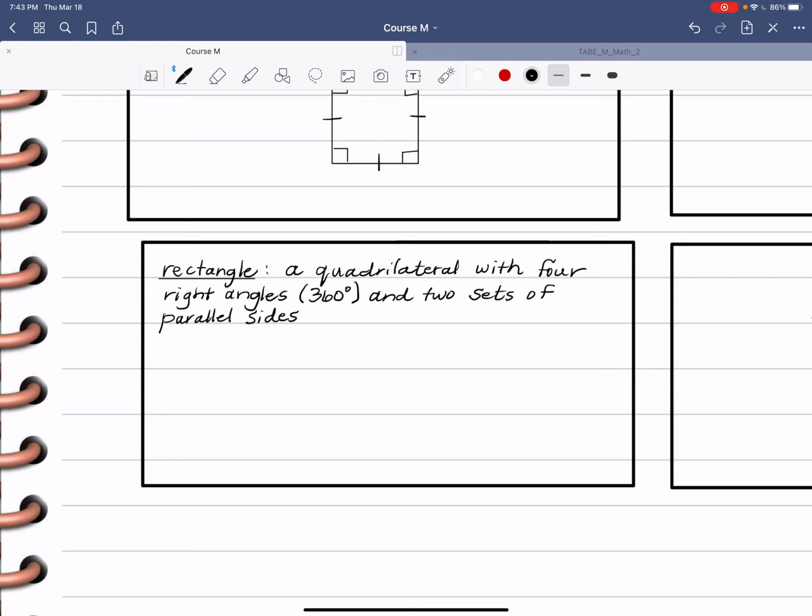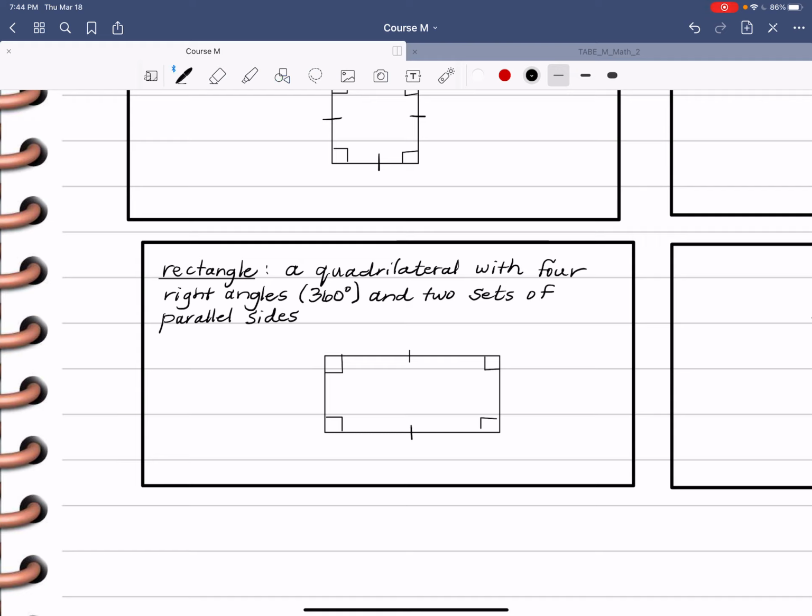So let's draw a picture and see if we can make sense of this definition. So there's a rectangle. It has four right angles. It is not leaning. That's very important. Rectangles don't lean. And the length is parallel to the other length.